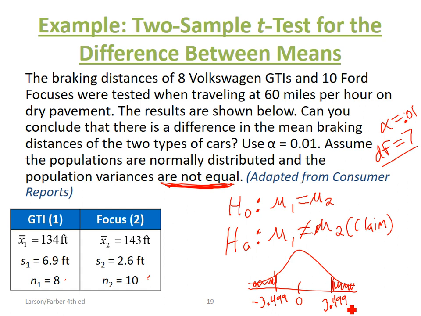We want to go down to 2-SampTTest. Make sure that Stats is highlighted, not Data. Data is where you would put it in a list, all right? So make sure Stats is highlighted and it should pop up.